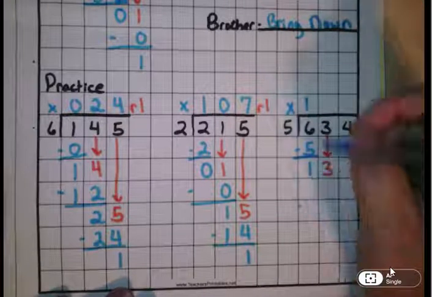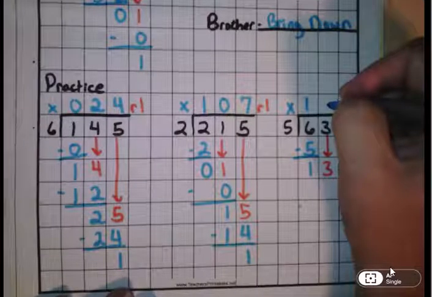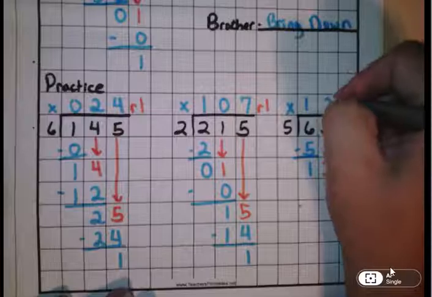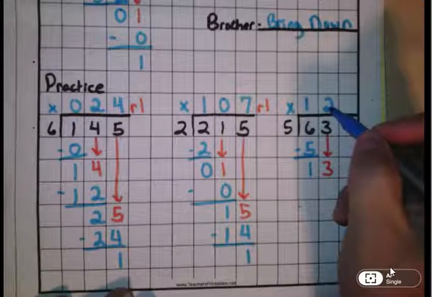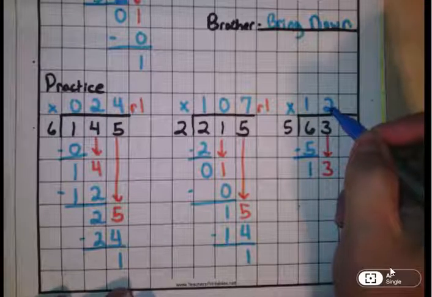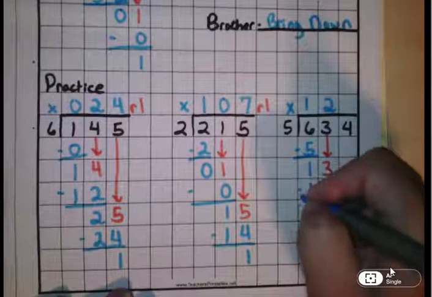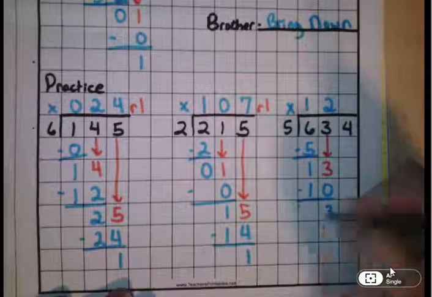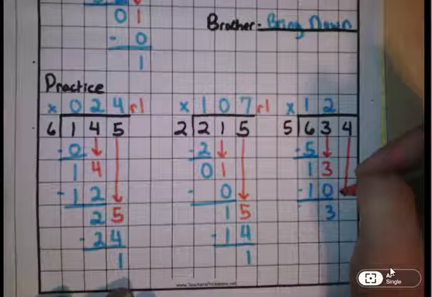That's my division step. How many times does it go? Absolutely right, 2 times. 3 times would be too much. 3 times 5 is 15. That'd be too big, so it only goes in 2 times. 2 times 5 is 10. I'll subtract, get my 3, and I'll bring down this 4.